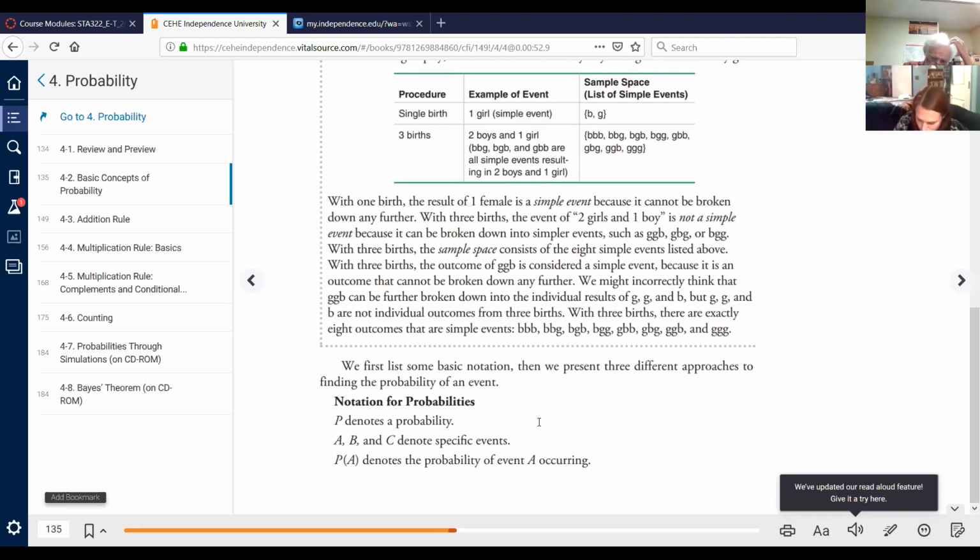If we're talking about, say, the probability of rolling a 6 when we roll 1 die, we would denote this as probability of 6. So the probability of an event occurring, and in general, we're going to call that A. So we pronounce this P parenthesis A close paren as P of A, probability of A occurring.